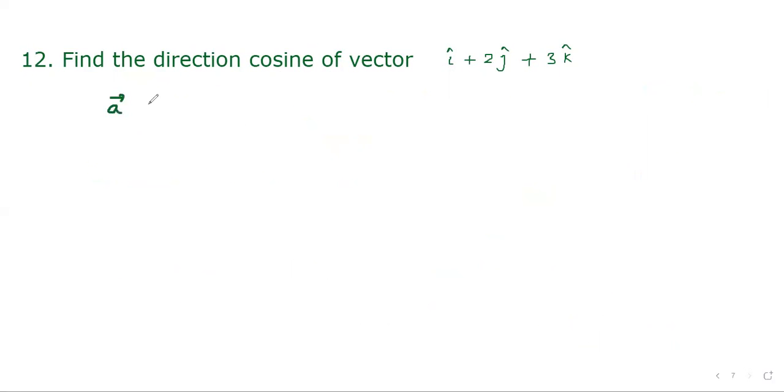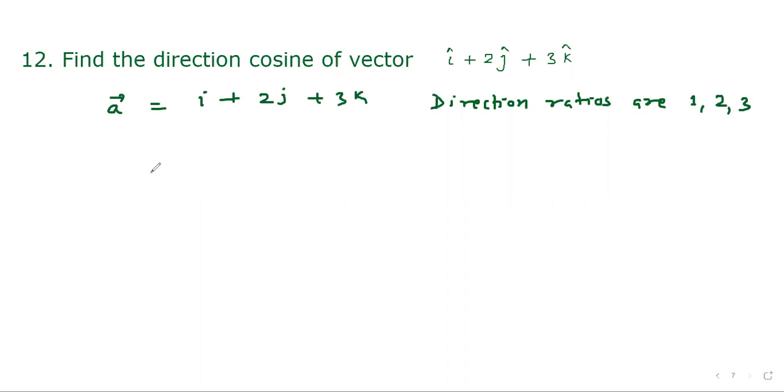Suppose we are given a vector A equal to i plus 2j plus 3k, then the direction ratios are the coefficients of i, j, k. So 1, 2, and 3. Now direction cosines can be found like this. Suppose this is a, this is b, this is c.